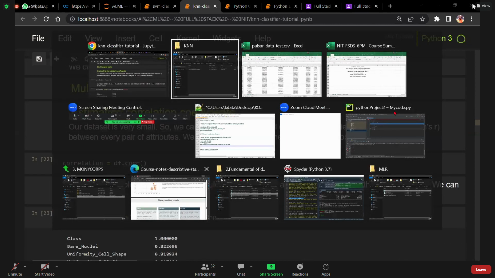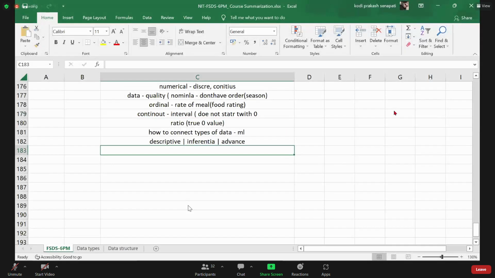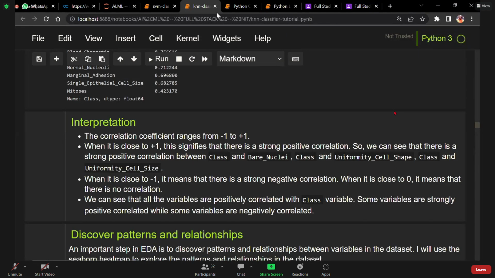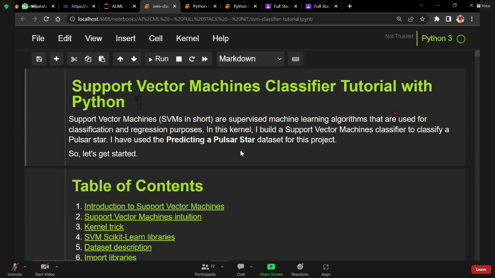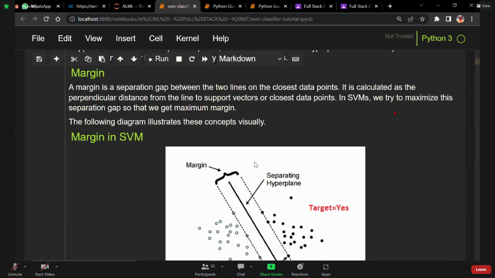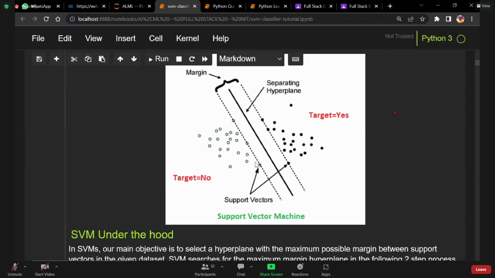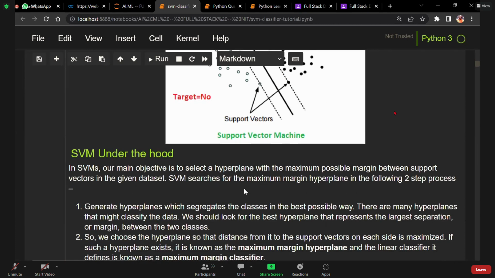All right, so let me close this and this. You know how to plot the heat map and all those things, given up here. This is the KNN classifier and this is SVM. Support vector machines in Python. So here we build support vector machines. We discussed hyperplane, marginal distance, linearly separable, non-linearly separable, all things we discussed, and also the RBF kernel.